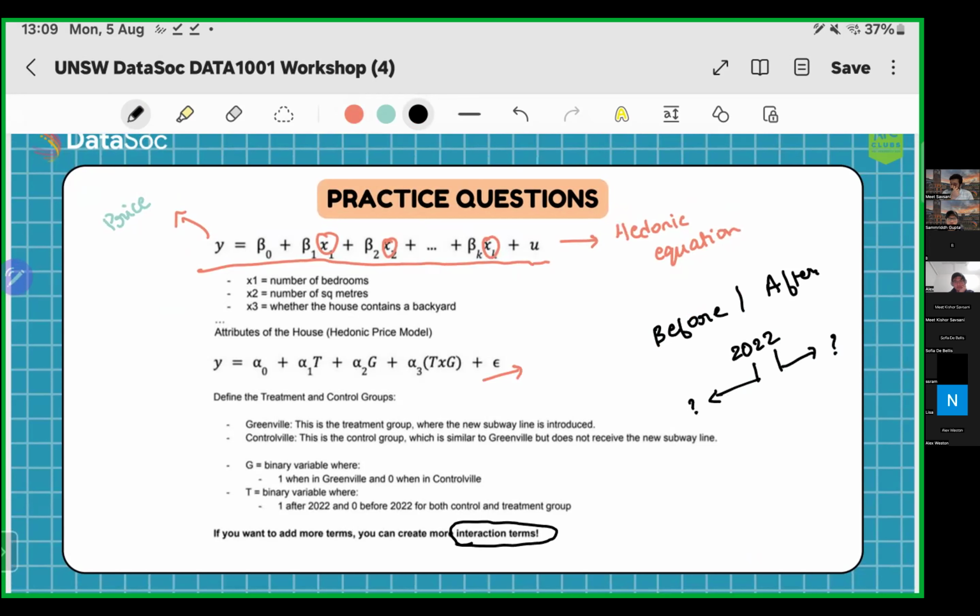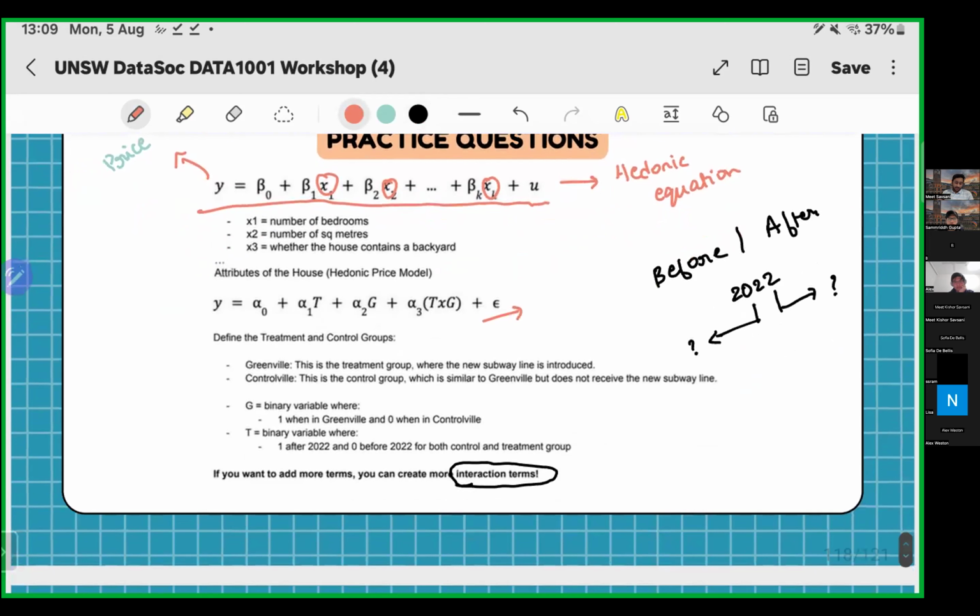We don't have the data yet, but whenever we have data, we usually divide it in two sections, one for 2022 and zero before 2022, for both control and treatment group. So we have two binary digits, 1 and 0. This similar technique is used for Greenvale and Control Vale.